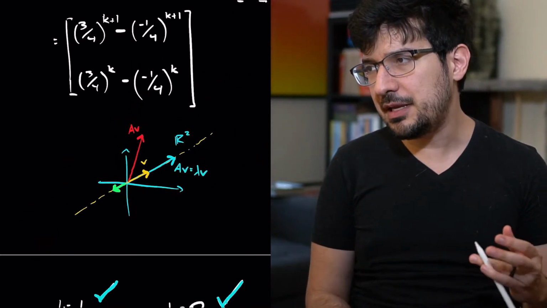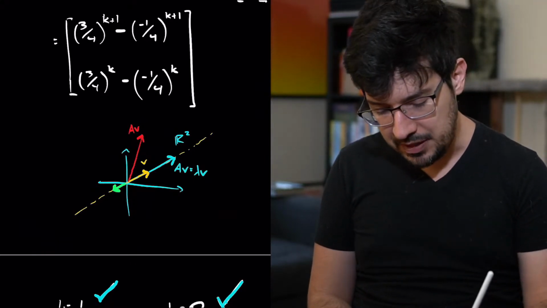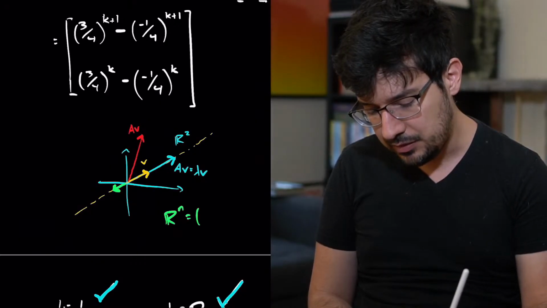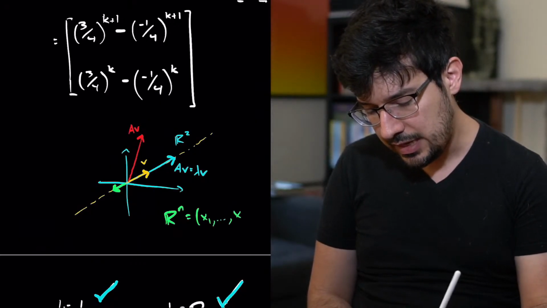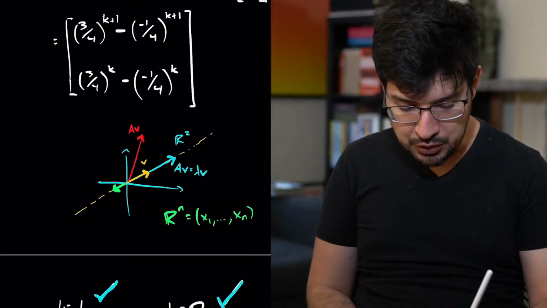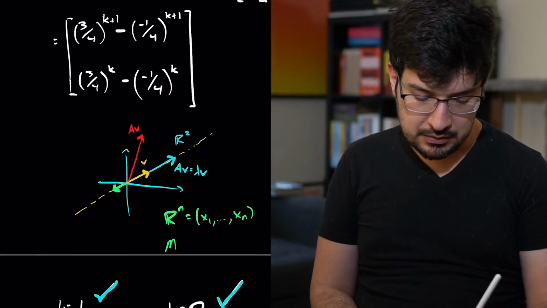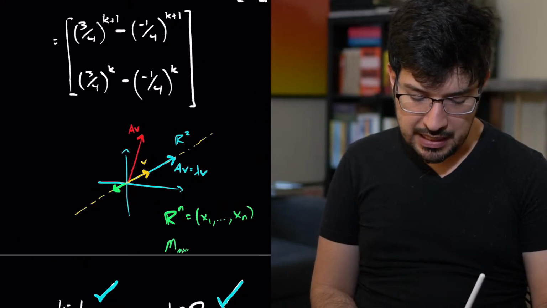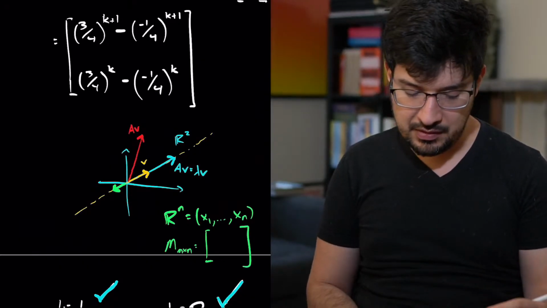Can a 3x3 matrix be called a vector? No, a vector is a list of numbers, x1 ... xn. A matrix, let's say that it's an m by n matrix, is a list of lists of numbers.